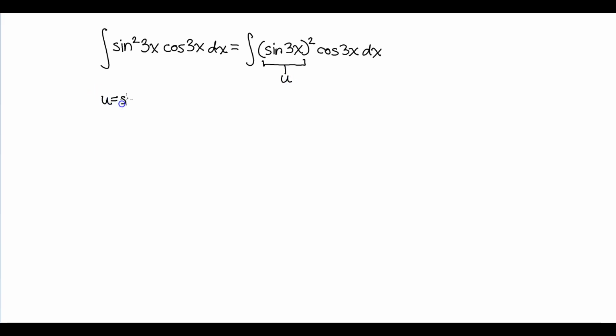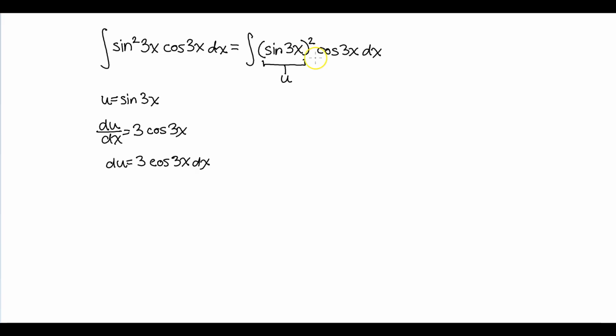So if u equals sine of 3x, then du dx is 3 cosine of 3x. Or du is 3 cosine 3x dx. Right? So you have 3 cosine 3x dx.